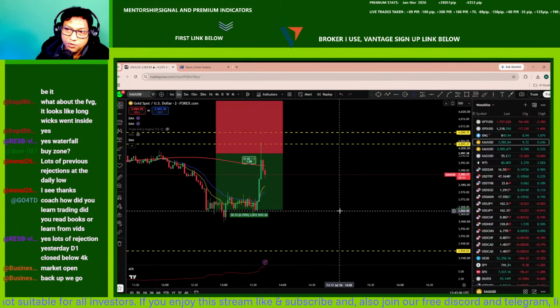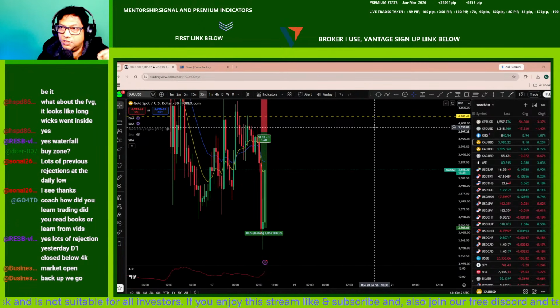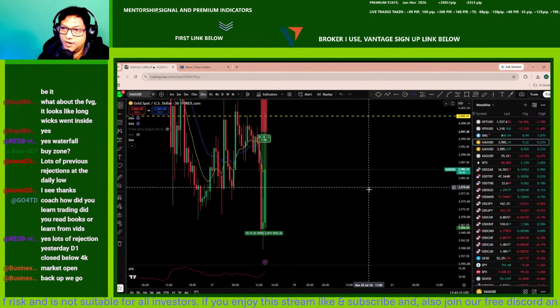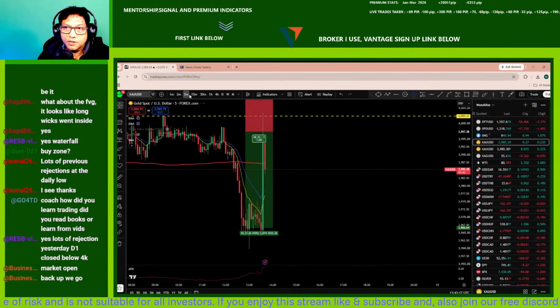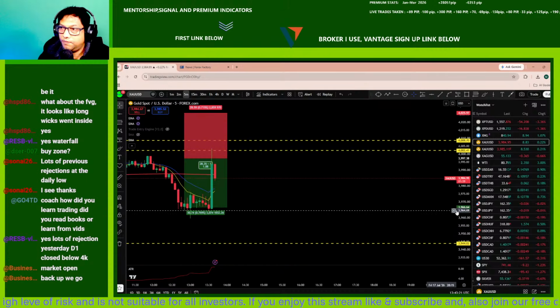If it actually breaks below, you could see the price coming back to the support. Though it's a Friday move, we can see there is a very unusual move here, and that can bring the price back to the support at this level.